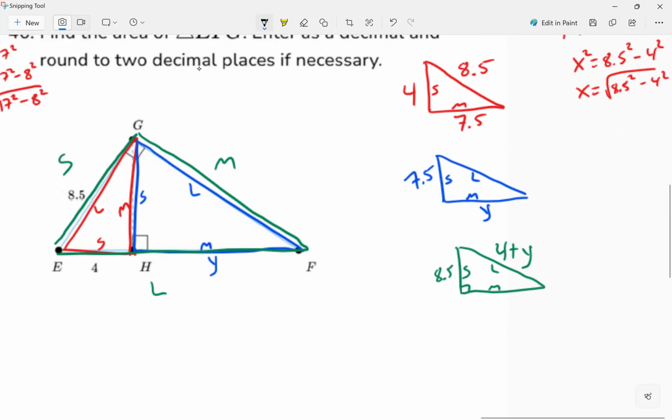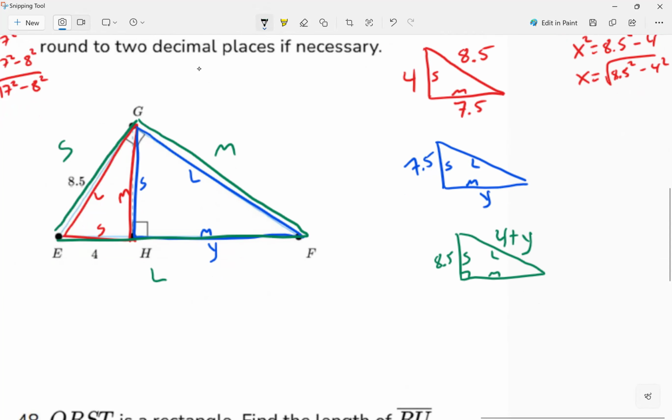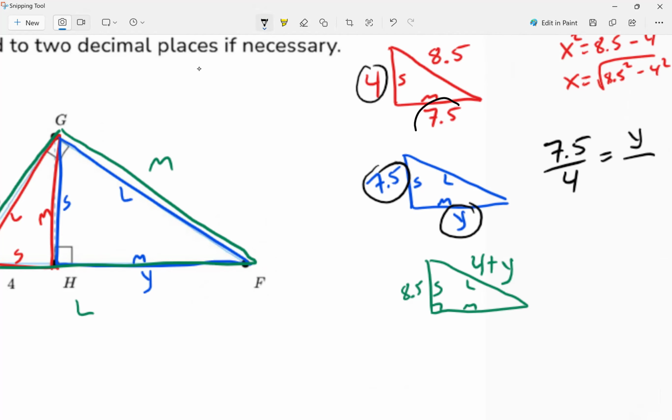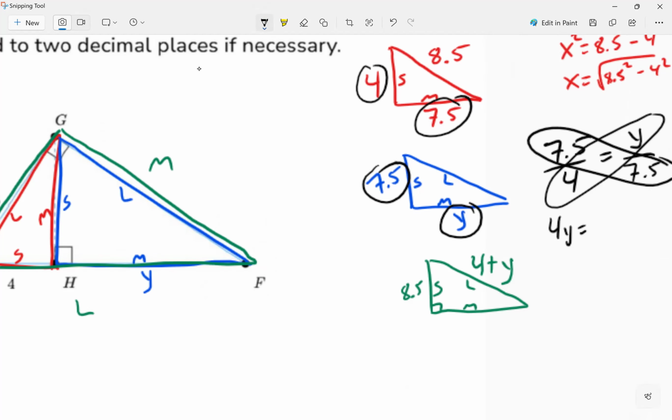So the two sides that I'm using from the blue triangle are what? 7.5 and y. 7.5 from the blue triangle is corresponding with the 4 from the red triangle. The y from the blue triangle is corresponding with 7.5 from the red triangle. Let's cross multiply now. 4 times y is 4y. 7.5 times 7.5, it's a decimal, but not a big decimal, 56.25.